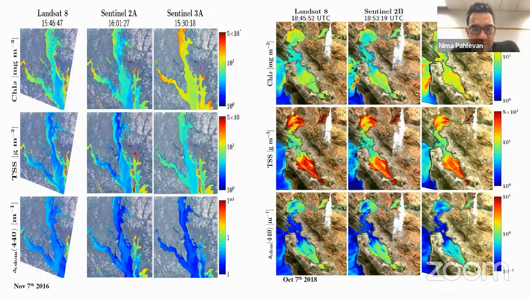These observations from Landsat, Sentinel-2, and Sentinel-3 were collected nearly at the same time over San Francisco Bay to the right and Chesapeake to the left across the US. Essentially, the goal is to make sure that we obtain seamless products, including chlorophyll A in the top row, TSS in the second row, and then CDOM absorption at 404 nanometers from the different flavors of satellite missions.